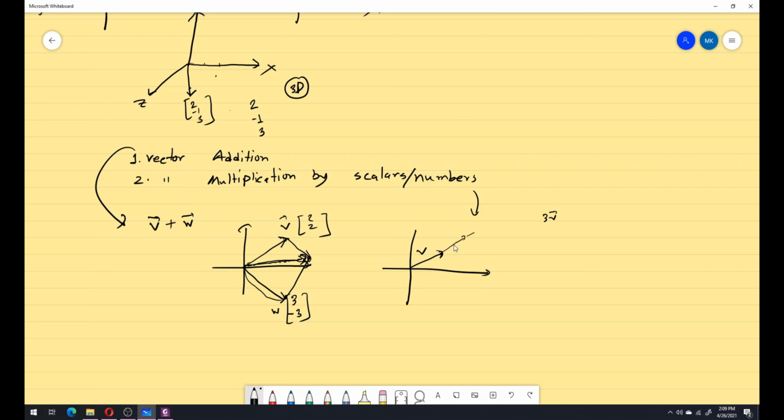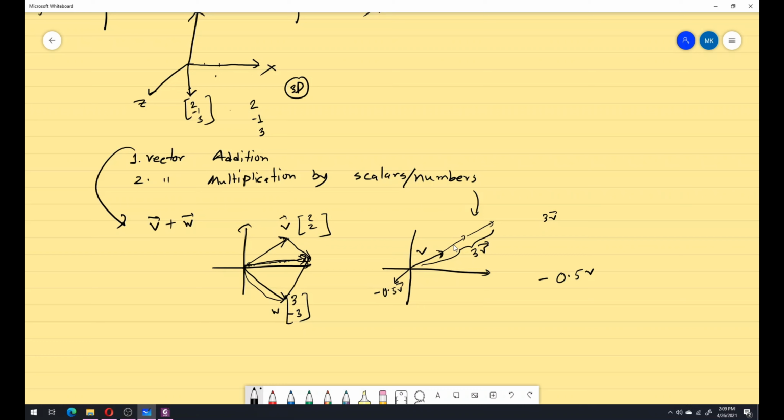Okay, so this is your 3v. Or let's say you want to get minus 0.5v. So let's say it becomes like this. So this is your negative 0.5v.